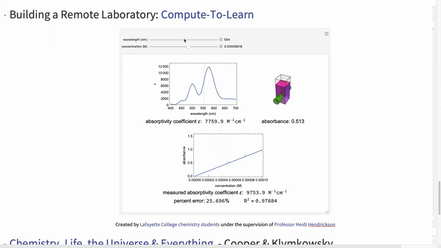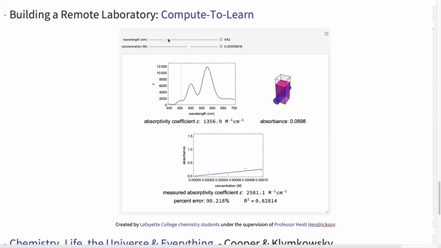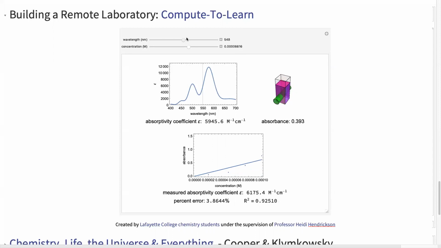As you can see, you can change the wavelength that you're doing the measurement at, and whether you're at lambda max or not, it changes the results, and you can change the concentration. This uses simulated data, so one could easily build activities around this classic Beer's law experiment so that the student could interact with simulated data and interact with the experiment at home without having to come into the laboratory.